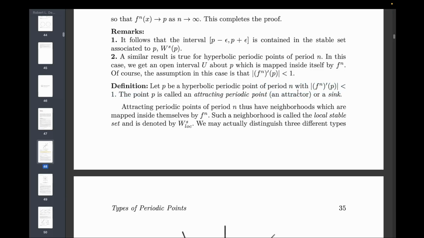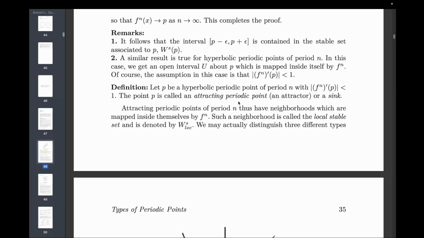And the idea is that every point in a neighborhood of that, there exists an epsilon neighborhood, then all points, if you keep mapping f to some point around a neighborhood, it will eventually get mapped to p, which is kind of interesting, because it also makes sense because it's called a sink, and the sink funnels things toward the center.